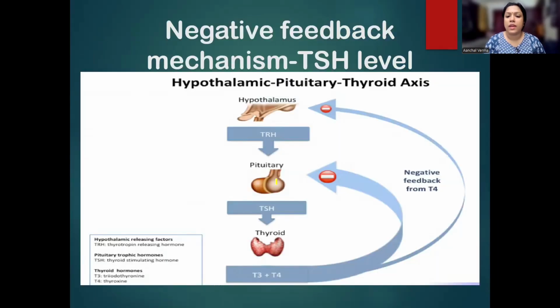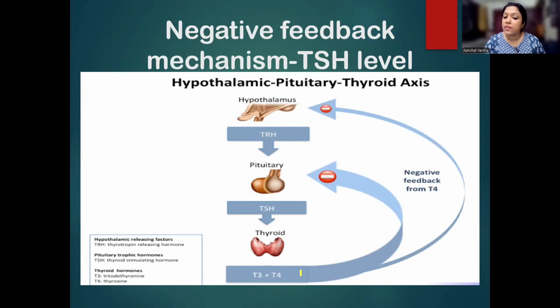In the same way, negative feedback mechanism, thyroid stimulating hormone, very important. Hypothalamus releases a factor called TRH, which is called thyroid releasing hormone or thyroid releasing factor. It promotes the pituitary to release thyroid stimulating hormone. Thyroid stimulating hormone makes the thyroid release thyroxine.